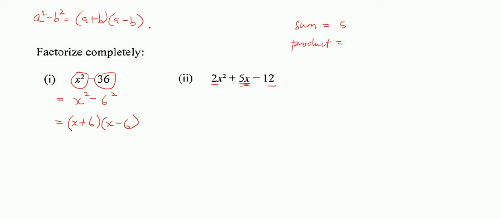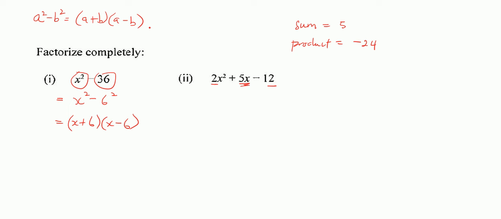So the product is minus 24. I want two numbers that when I multiply them give minus 24, and when I add them give 5.